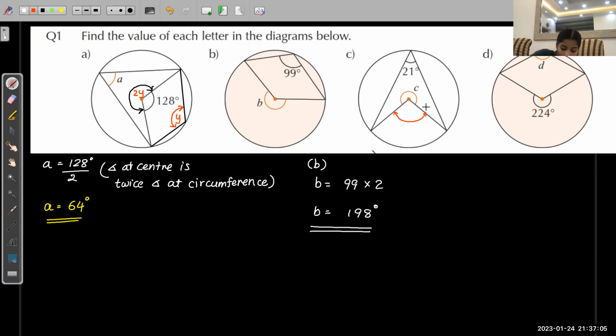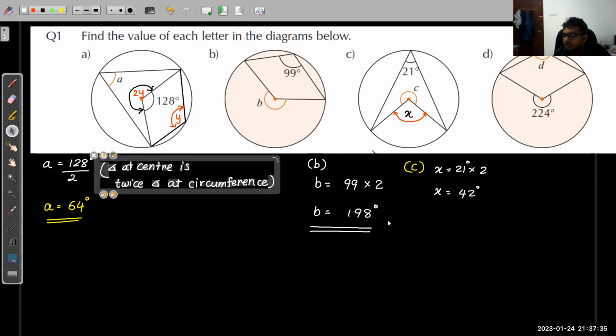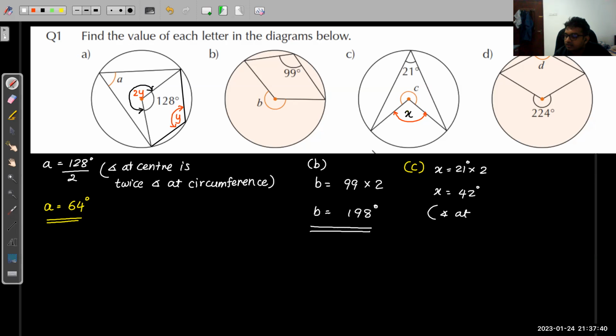Would it be double? You can put a letter over here, maybe x. So x equals 21 times 2, x equals 42 degrees. The reason is the same: angle at the center is twice the angle at the circumference. So always write the reason.